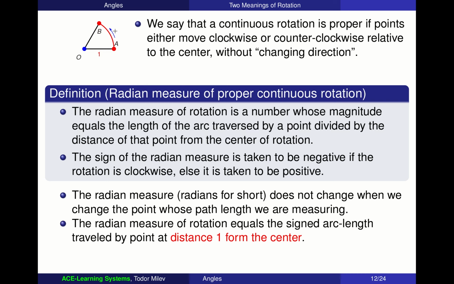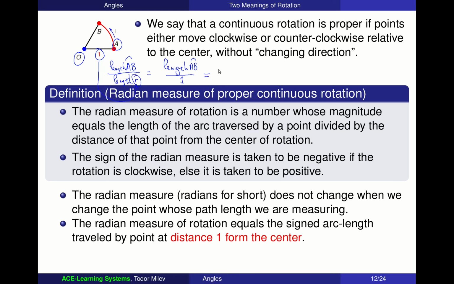The radian measure of rotation equals the signed arc length traveled by a point at distance 1 from the center. Because if you take the distance between the point A and the origin O to be equal to 1, then you take the length of AB and divide it by the length of R, but that's the length of the arc AB divided by 1, because we have selected R to be equal to 1.